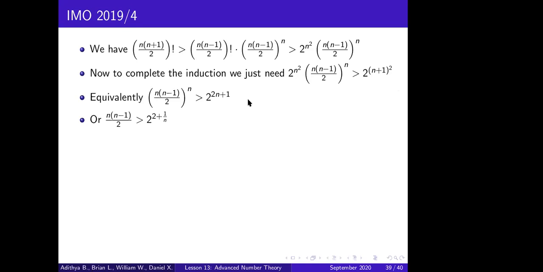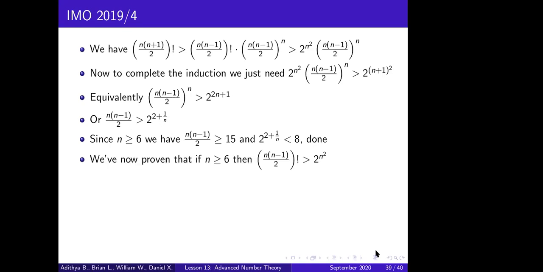And well, basically, because we already have n is at least 6, the left-hand side is at least 15, and the right-hand side is less than 8, right? So that's enough to prove the inductive step, right? So now we have proven the inequality that we want.